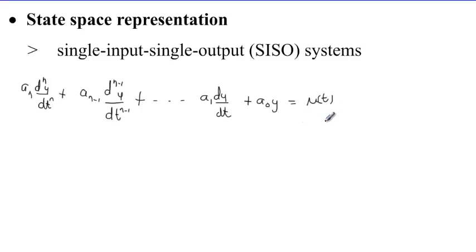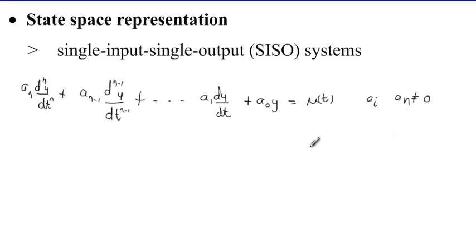So now what we have here is an equation of order n where some of the a_i coefficients can be 0, but since this is an equation of order n, we consider a_n to be different from 0.